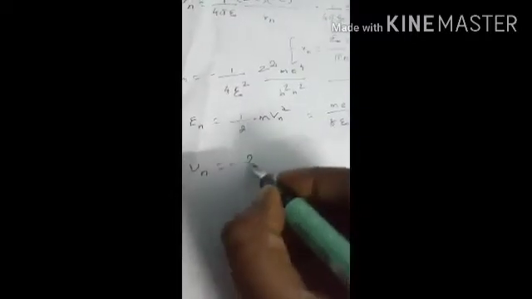When we compare the potential and kinetic energy, potential energy is equal to minus 2 times the kinetic energy.